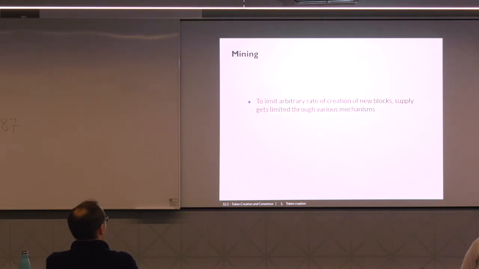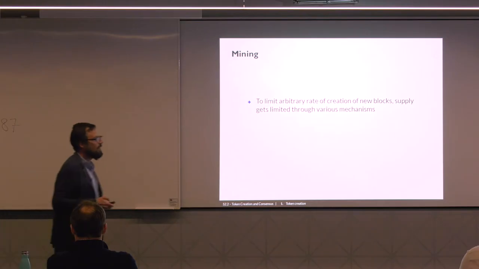So mining is a process that is completely arbitrary, by which the amount of blocks that are created inside of the system is capped artificially. The only purpose that mining has is to limit the amount of blocks that get appended to the system at each point in time.